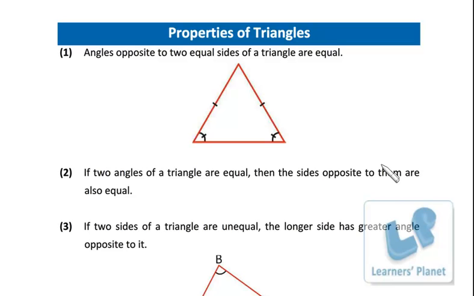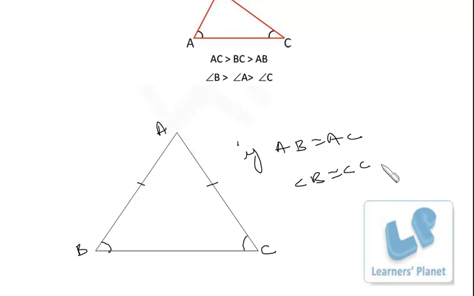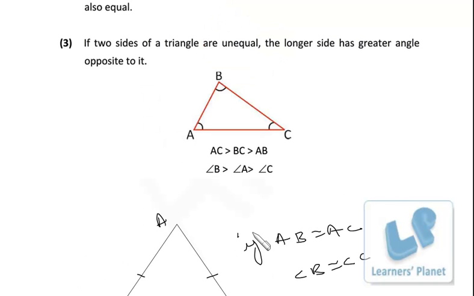So angles opposite to two equal sides of a triangle are equal, or we can say if two angles of a triangle are equal, then the sides opposite to them are also equal. That is, the converse is also true. So if you are given that angle B is equal to angle C, that means AB is equal to AC. Then the third important point: if two sides of a triangle are unequal, the longer side has greater angle opposite to it. Here we have the three sides AB, AC and BC.